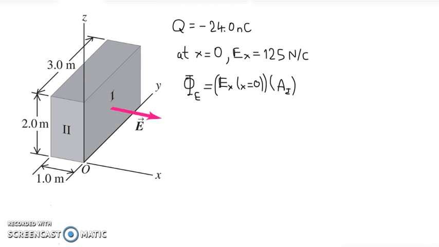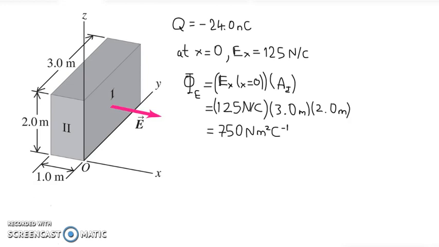Let's now substitute the values. The area in question is just a rectangular area of height 2 meters and width 3 meters. So that's 2 times 3, 6 meters squared. We multiply that by the electric field magnitude through that surface, which is 125 newtons per coulomb. And the flux is equal to 750 newton meter squared per coulomb.